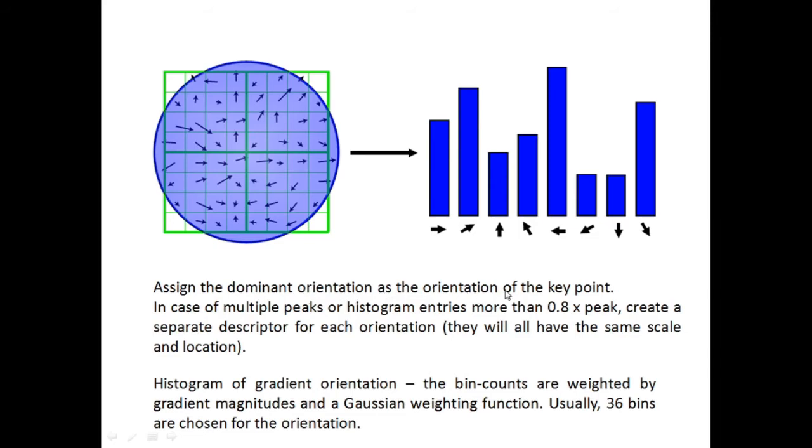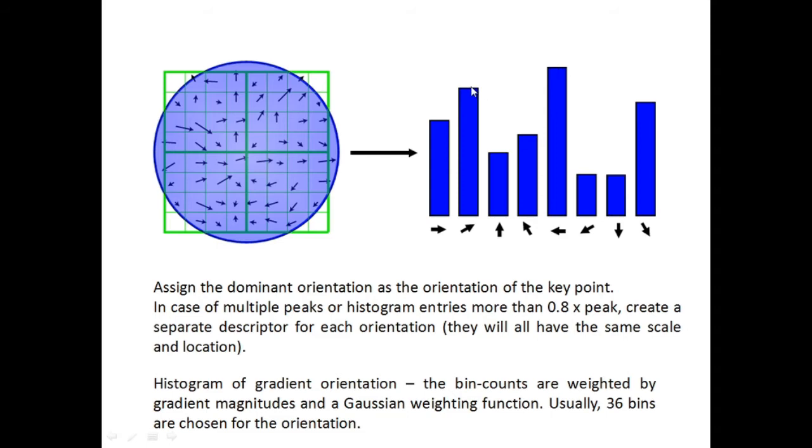So we assign the dominant orientation as the orientation of the key point. In case multiple peaks are there, suppose these 2 peaks are there, these are multiple peaks or histogram entries. These histogram entries are of 80% of the peak.